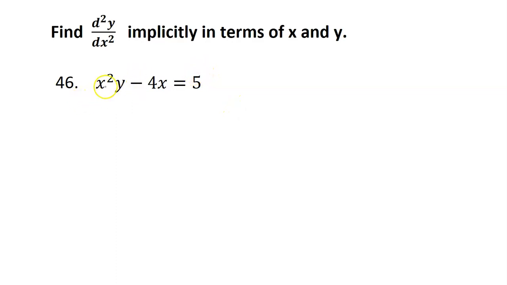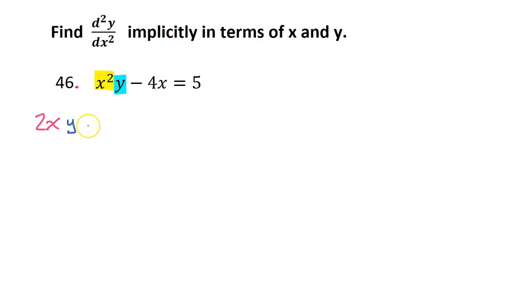So here we go. Let's take the derivative of this first term. We're going to use the product rule. So I'm going to look at it as this factor times this factor. First I will take the derivative of this first factor, which will give me 2x, and I leave the second factor alone.